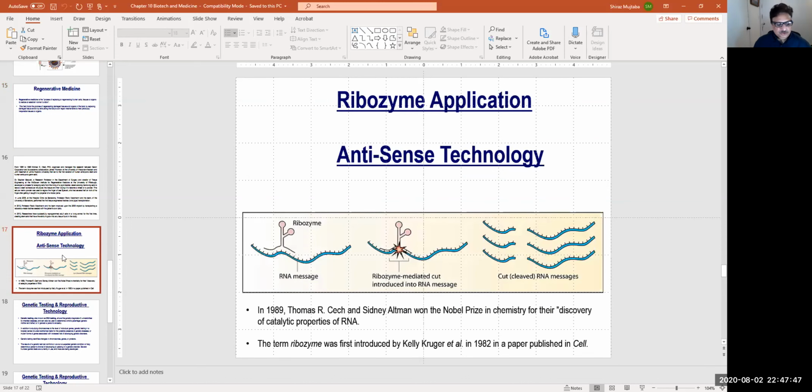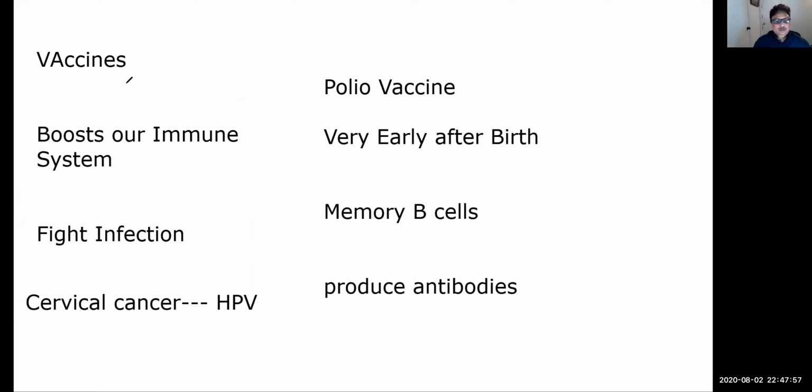Next very important small topic is ribozyme application. So, excuse me. I mentioned to you this pathway that DNA can replicate, or it can be transcribed into RNA, and then RNA can be translated into protein, right?